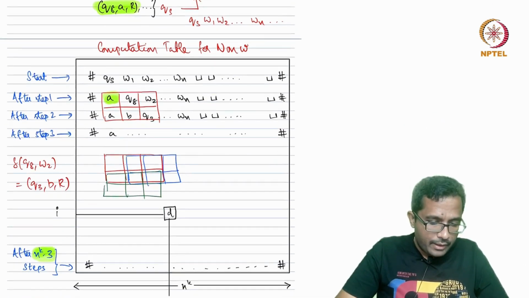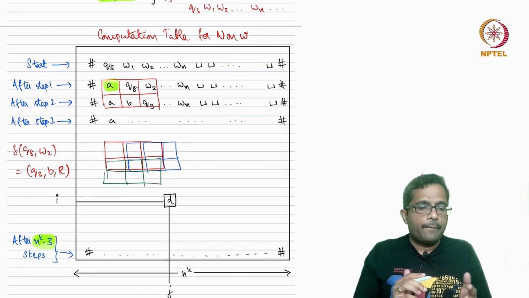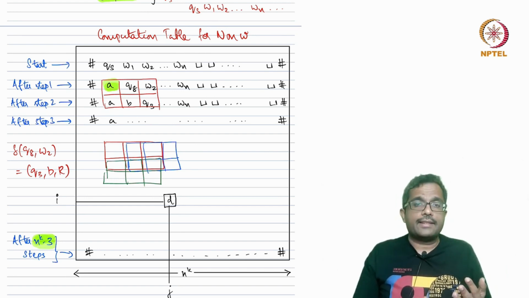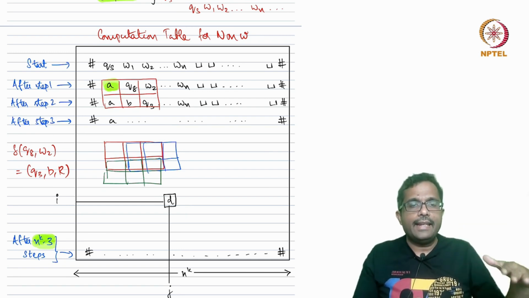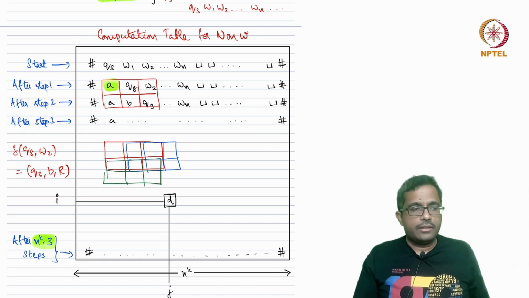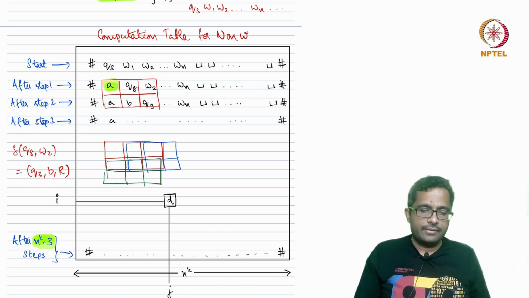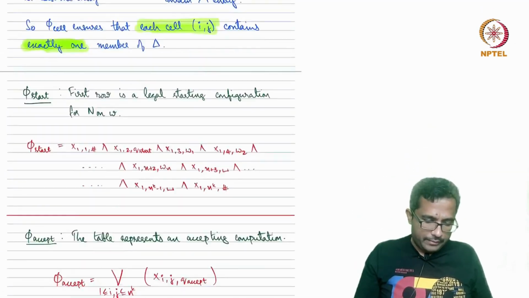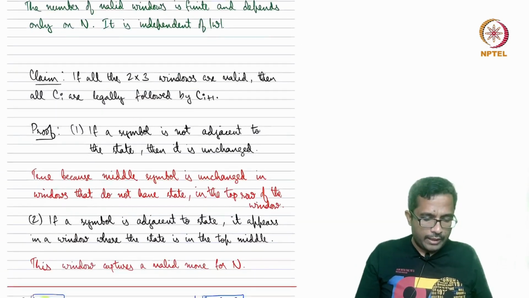And we encoded the formula that we created in such a way that the formula has a satisfying assignment if and only if there is a sequence of computations that leads N to accept a string w. So N accepts w if and only if the formula has a satisfying instance, and that gives the reduction. And the running time is also polynomial, right? So that completes the proof of the Cook-Levin theorem.